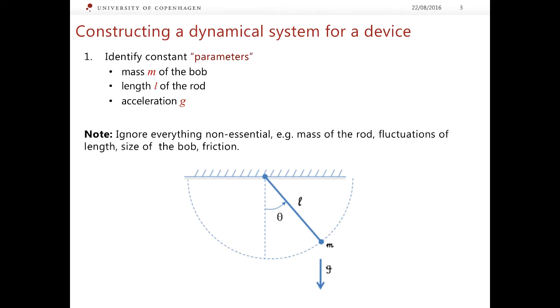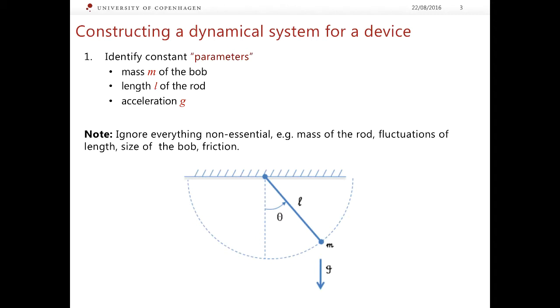Please note that in reality, while the pendulum fluctuates, the rod might be slightly elastic and it might slightly fluctuate in its length. But when we identify parameters to write a relatively simple model, we need to use our intuition and decide what is really important and what is probably not as important to describe the behavior of our system.